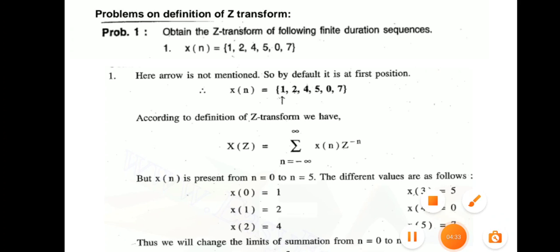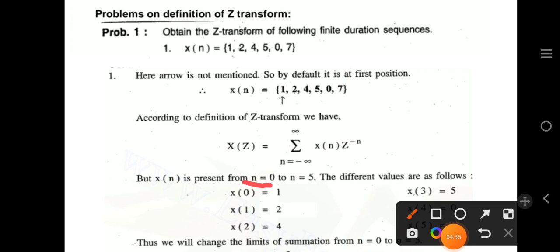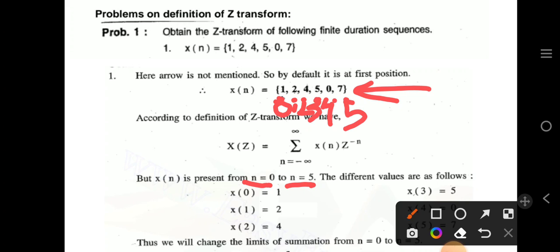Now why have we written that n is starting from 0 and ends at n equals 5? Just because, as you can see in this equation, how many places are there? 1, 2, 3, 4, 5 and 6. Total 6 values are given. So if you consider 1 at the 0th place, 2 will be at the first place, 4 at the second place, 5 at the third place, 0 at the fourth place, and 7 at the fifth place.